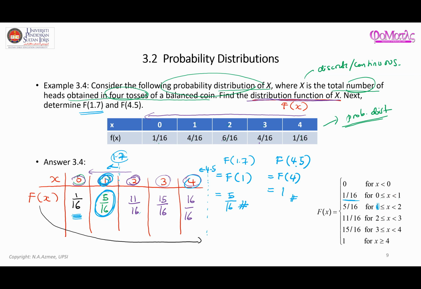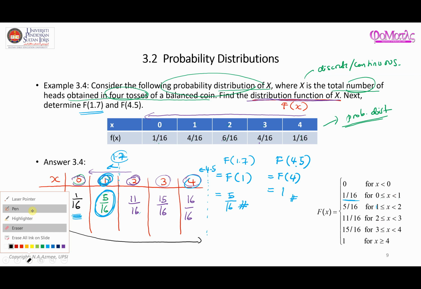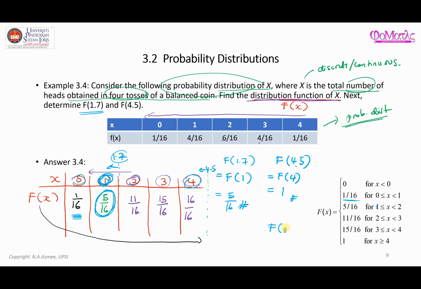So if the question is asking you for F(1.7), you know that you can refer to this part here because the result is going to be 5/16 for x being equal to 1 and greater than 1.